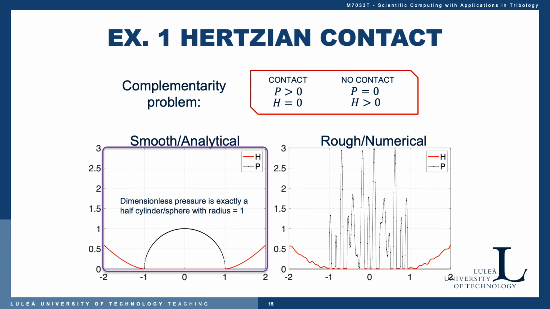And we see also the deformed gap, which is obviously 0 in the region where the pressure is positive and positive elsewhere, so that it fulfills the complementarity problem, which this numerical solution also does for a rough Hertzian-like problem.